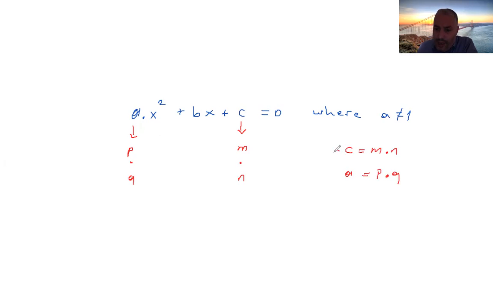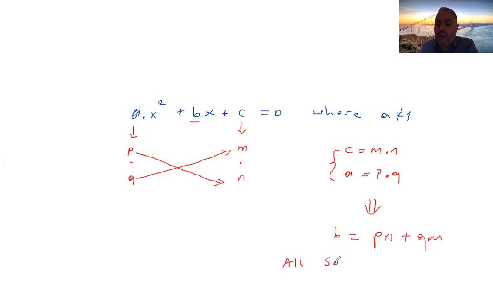Also b must be equal to the cross product, p times n plus q times m. If these are all satisfied, these are all correct, we write, be careful, please look at the board.